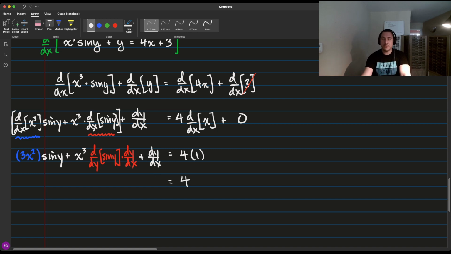Okay. So we can simplify things a little here. You get 3x squared sine y plus x cubed times, now the derivative of sine y with respect to y is cosine y. Then you leave the dy dx.